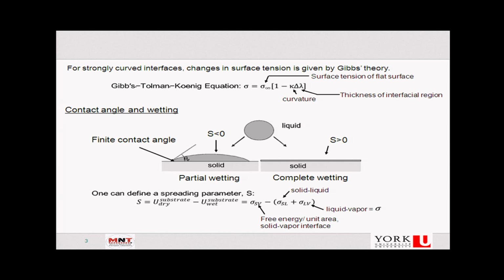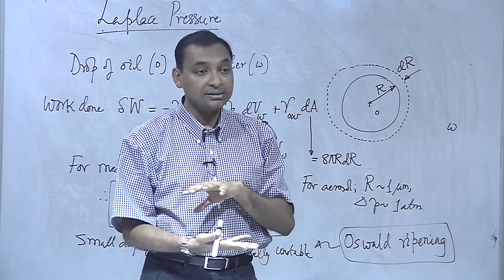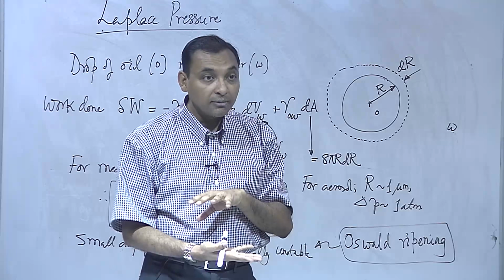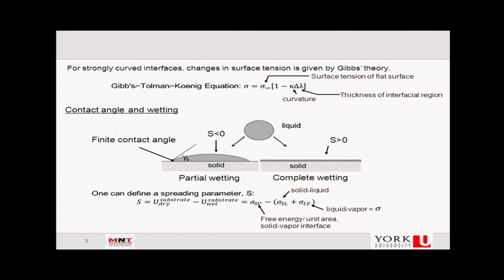So if you are given any pair of liquid and solid, based on the surface tension values alone, you will be able to know whether that liquid will wet completely or partially. That's why the spreading parameter becomes a very important thing.